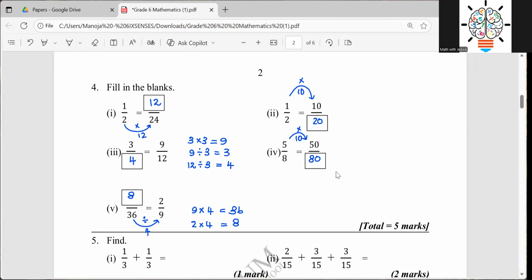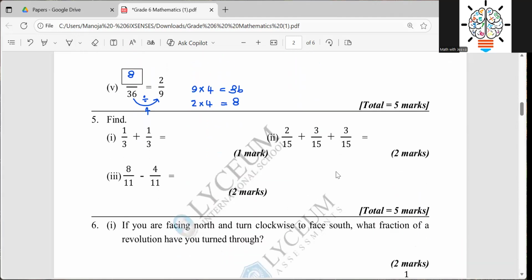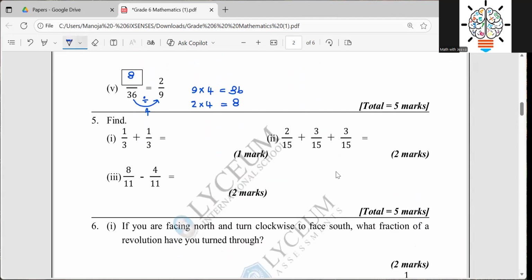Then we will move to the next question, which is very easy. You have the same denominator, you draw the longer line and you add the numerators 1 and 1. The final answer will be 2 over 3. And the next one also the same way, you draw the longer line and you have the same denominator 11 and 8 minus 4, the answer is 4, 4 over 11.